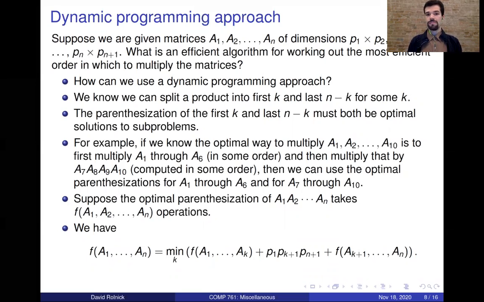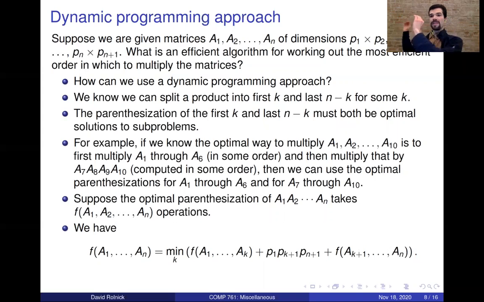Questions? It's just saying, we decide we're first going to multiply the first k. We're separately going to multiply the last n minus k. And then we're going to take those two products and multiply them together. We're going to have to do that for some k. We don't know which k it is, so we have to take the minimum over all of those.